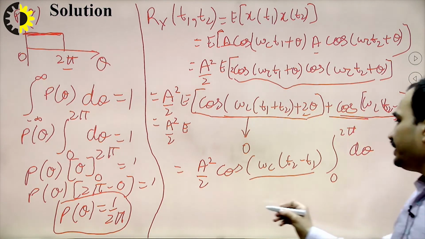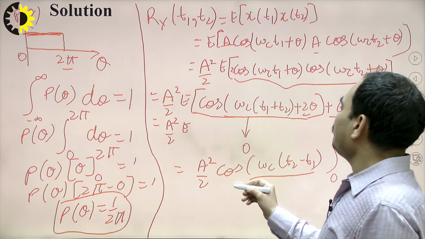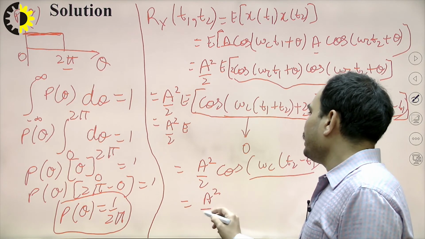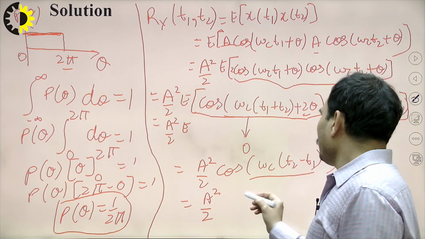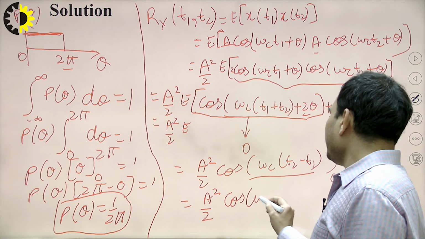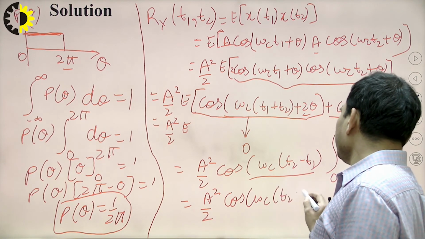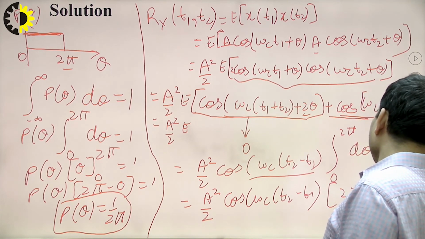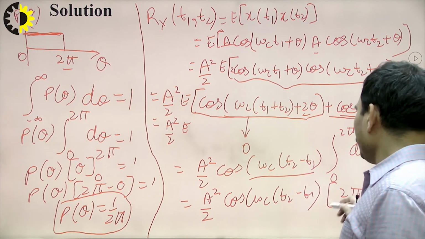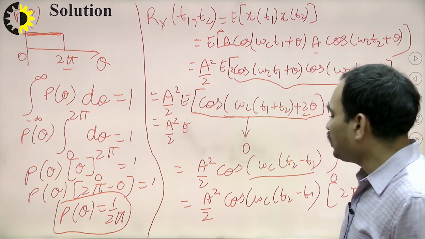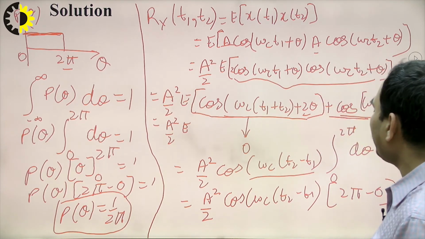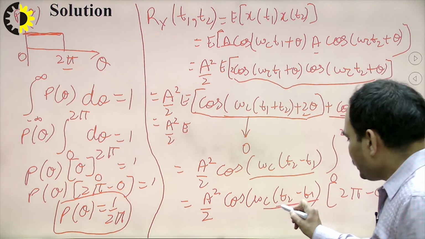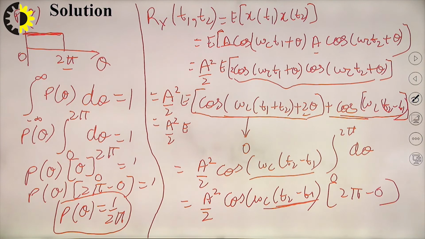If we integrate it, previously we have A squared by 2 cos(omega_c (t2 minus t1)). Taking the upper limit minus the lower limit, the 2 pi will be cancelled, and we can see that the autocorrelation function is simply a function of the time difference t2 minus t1.